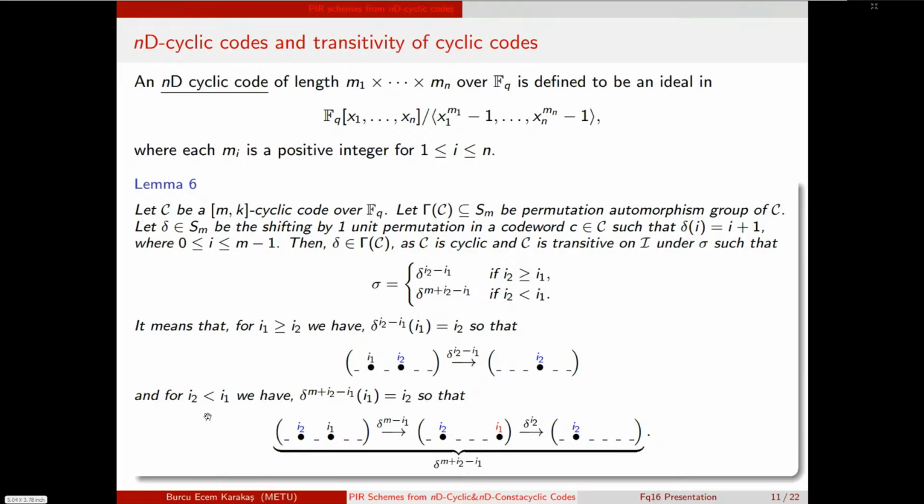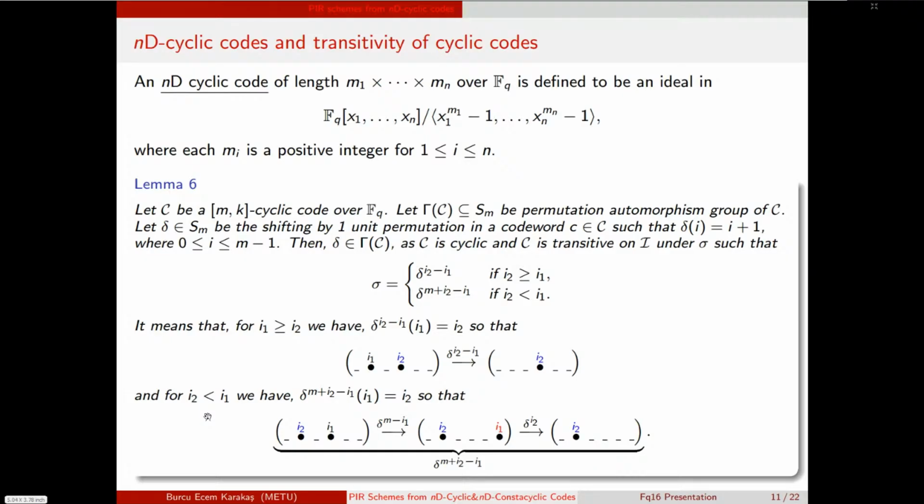Then this is the anti-cyclic code definition. It's of this length over F_q and defined as an ideal in this quotient ring. And here we have shown the transitivity of the cyclic code. If we want to carry an element from position I1 to I2, we have two options here.